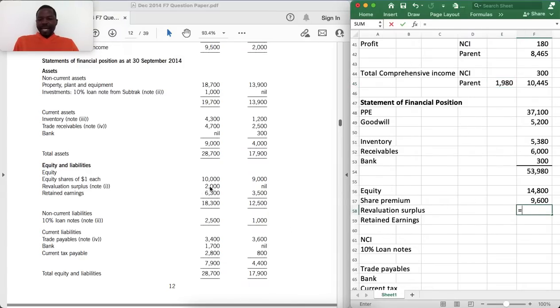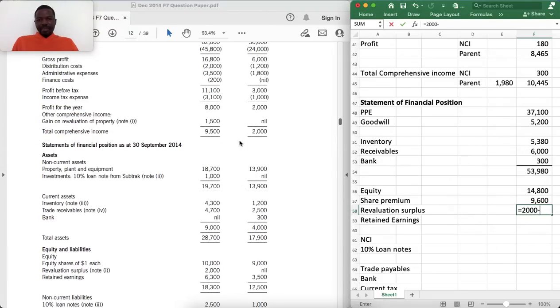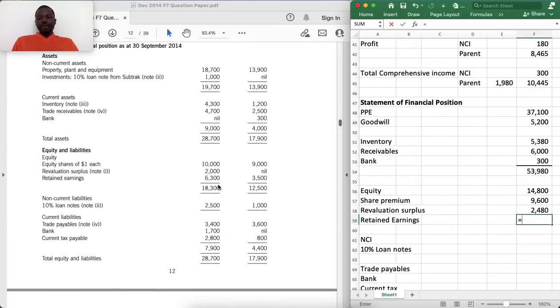As reported, the parent has 2,000. We need to less what the parent has in the statement of profit or loss and other comprehensive income of 1,500. And then we add on that what the parent has acquired during the year. We get that.